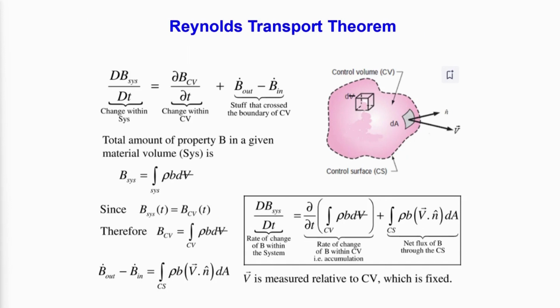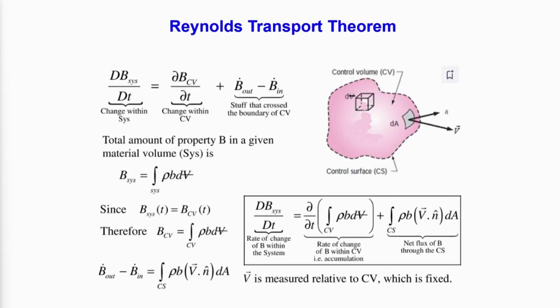Now, capital B you can integrate over the volume. If you substitute that, outflow minus inflow you can write in terms of a flux. So, V dot n is the normal component of flow over that area dA. That is the flow rate, that means velocity in the normal direction times the dA.